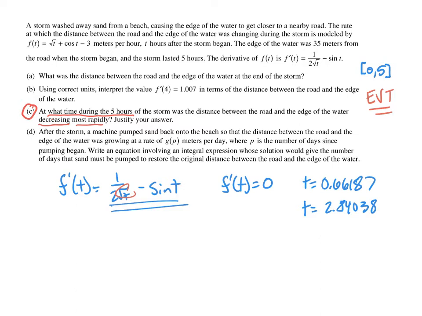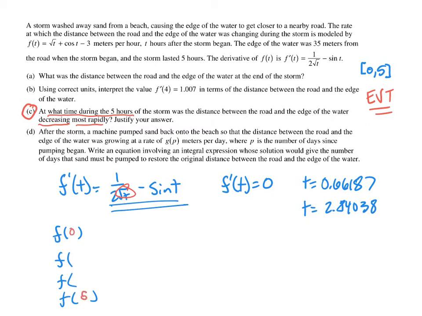So we're going to test 4 values in f, and you'll have to use your graphing calculator to do this. We need to compute f of 0, f of 0.66187, f of 2.84038, and f of 5. I know I'm writing this funny because I want to get this color in here.